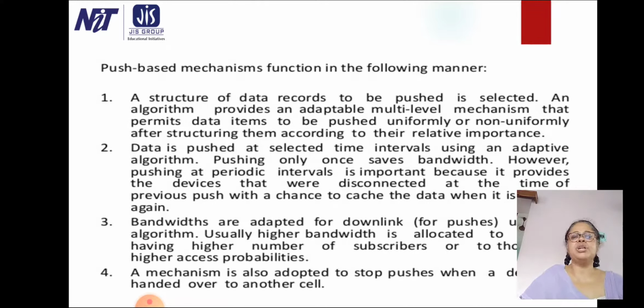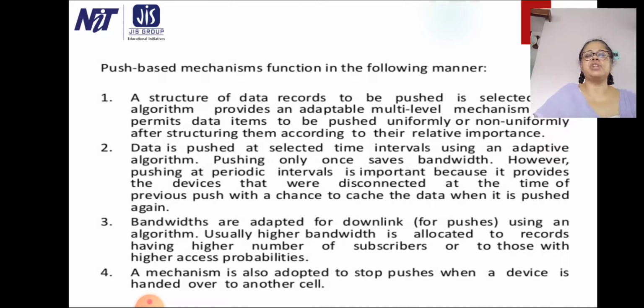However, pushing at periodic intervals is important because it provides the devices that were disconnected at the time of the previous push with a chance to cache the data when it is pushed again. Bandwidths are adapted for downlink for pushes using an algorithm.